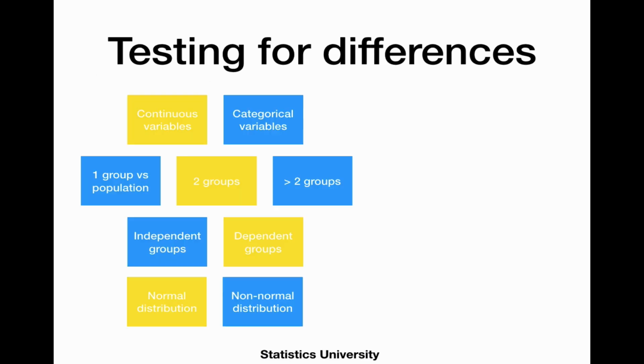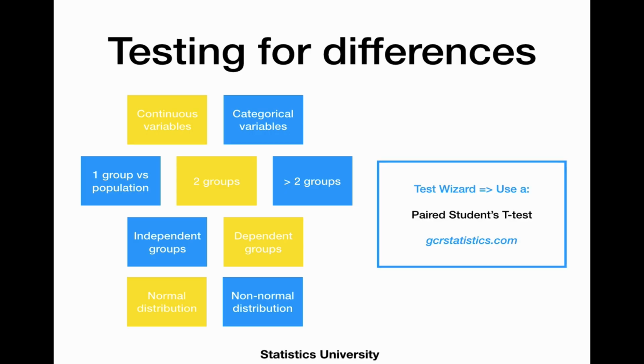All right, now what if the groups are dependent or clustered, and we want to compare means between those groups? Well, in this situation, we use a paired student's t-test.